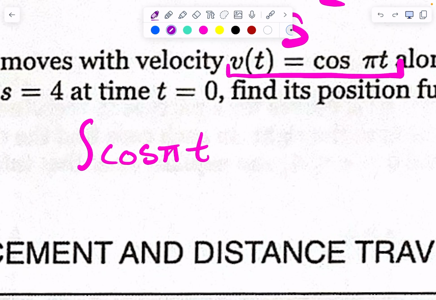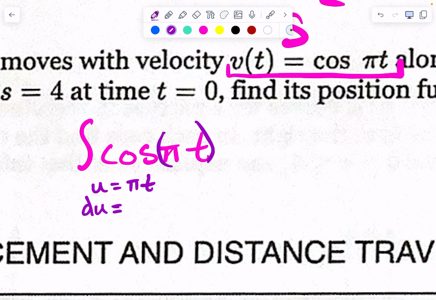So we have to find the antiderivative of this thing. I think we'll have to use u-substitution. u is pi t. What's the derivative of pi t?